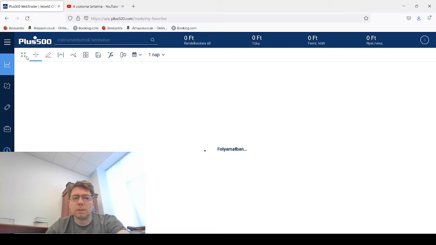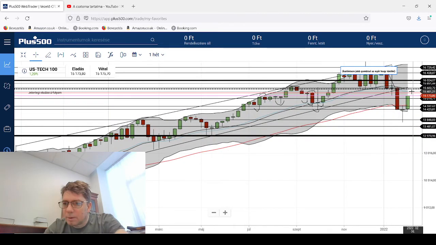The 20 EMA is at 15,000, above 15,400. So 15,400 is my target right now for Nasdaq, and there we will see what happens. Are we going to get above there? Probably we are, and we are on our way to the top here.